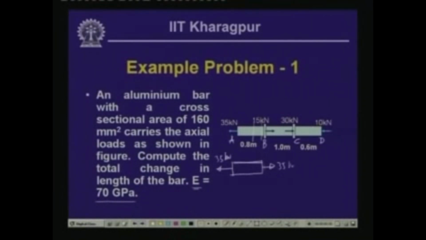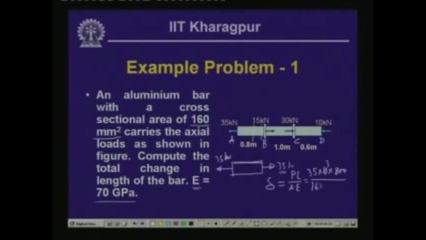So, the extension of this part under the application of 35 kilonewton will be delta equals PL by AE, where P here is 35 kilonewton. So, 35 into 10 to the power 3 Newton. L of this segment is 0.8 meter, which is 800 millimeter, divided by the cross sectional area. Here the cross sectional area of this segment is 160 millimeter square.